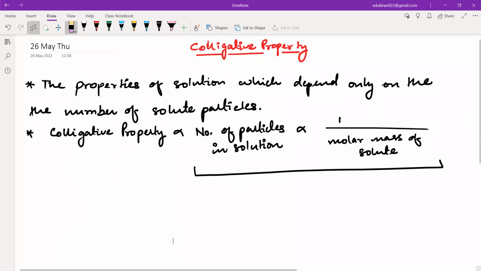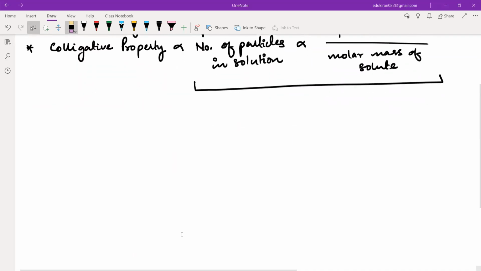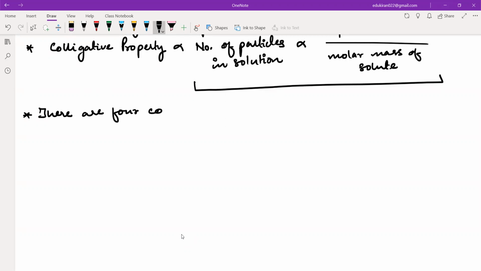Yes. Okay. Now there are four different colligative properties which we are going to study one by one. Okay, so please write. There are 4 colligative properties.